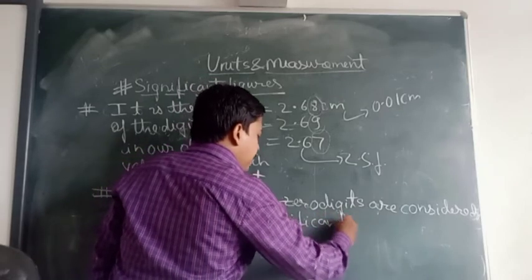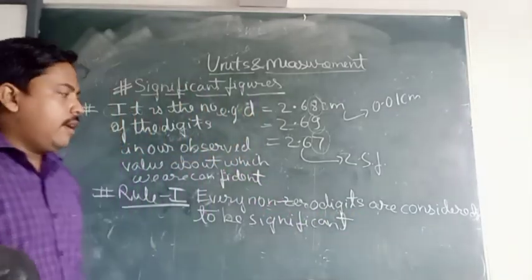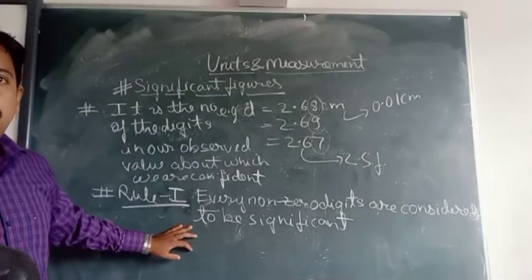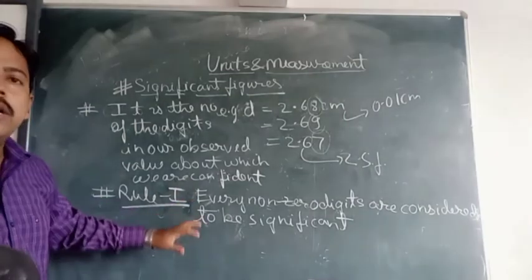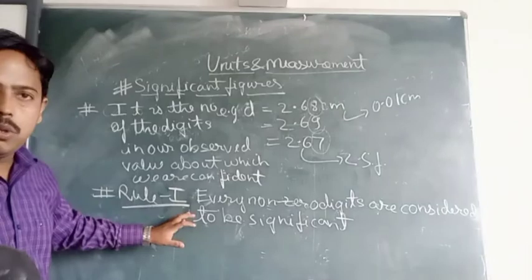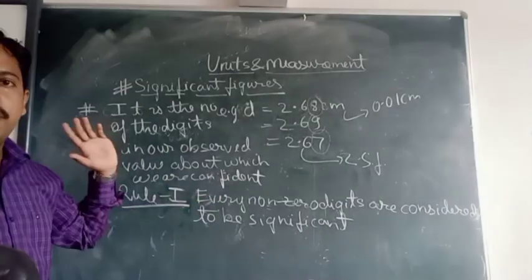The concept will become clearer with the examples I will give you. The more examples you do, the more questions you solve, the clearer the rules will become to you.